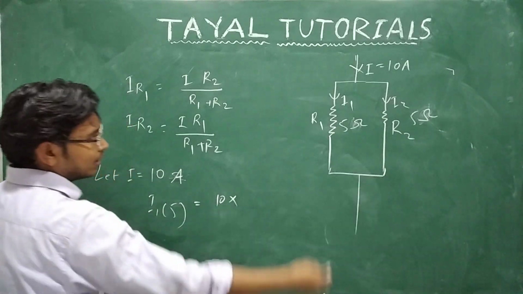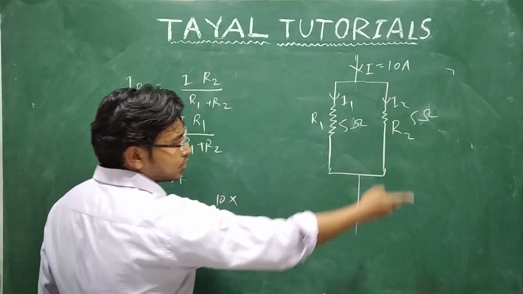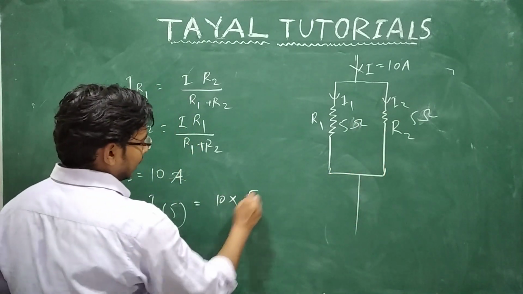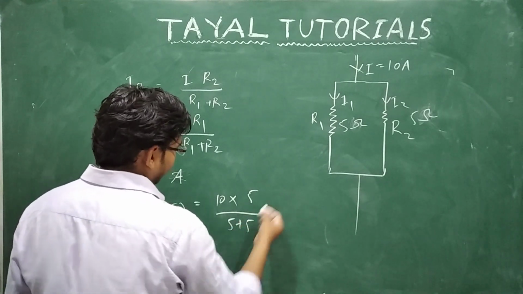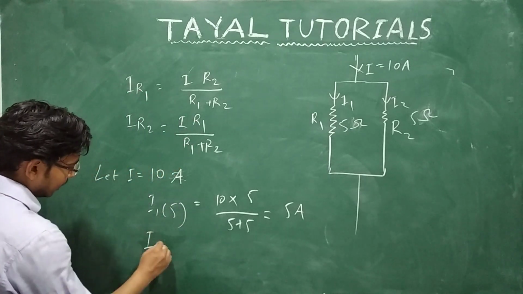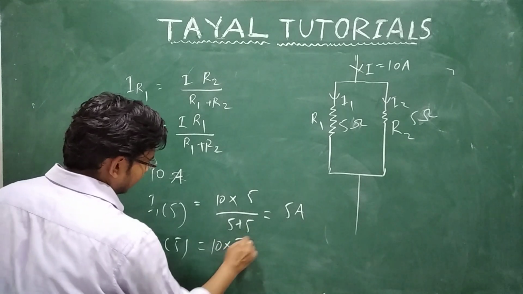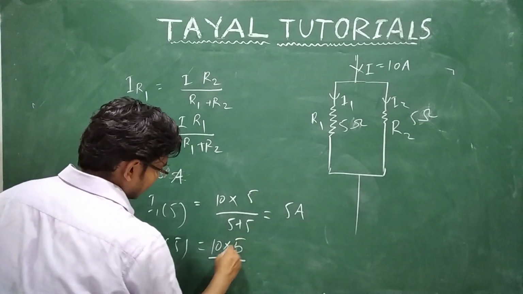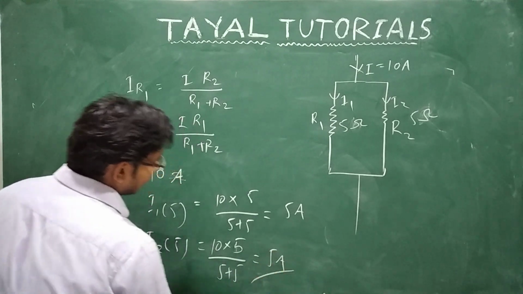There is no necessity that you have equal resistances, they can be opposite, they can be different, they can be anything. 10 into 5 divided by 5 plus 5, that will be 50 over 10, that is your 5 ampere current. Now again I2 through that 5 ohm will be 10 into 5 divided by 5 plus 5, equal to again 5 ampere. That is the current.